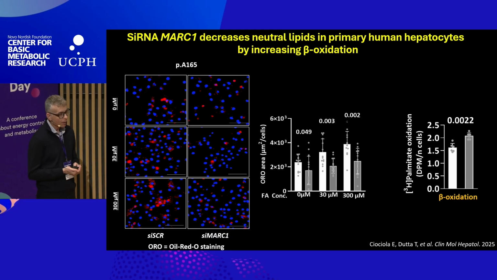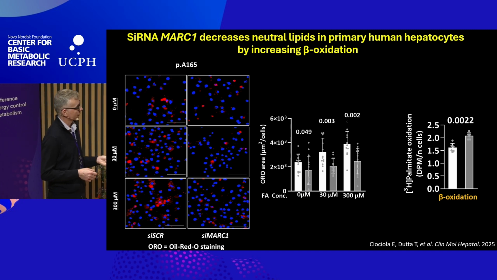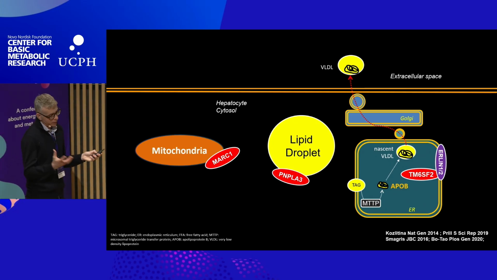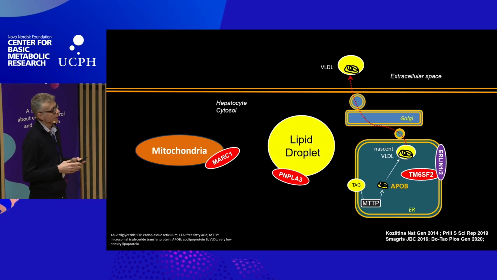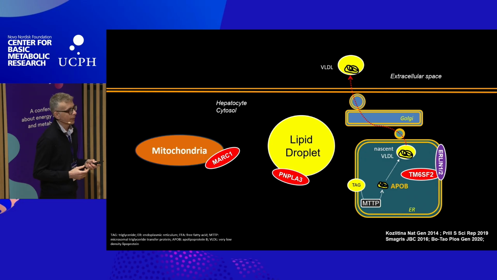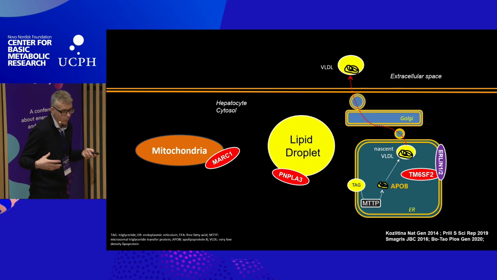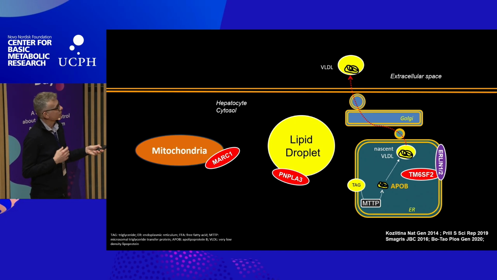So this indicates this could be a good strategy to go forward with. Taking all this together, it seems like MARC1 is sort of a gatekeeper of fatty acids in the mitochondria, and if you remove it, somehow there's more possibility for fatty acids to enter mitochondria to be oxidized.